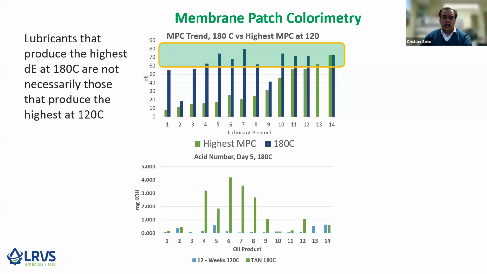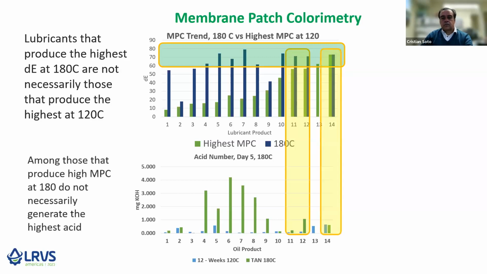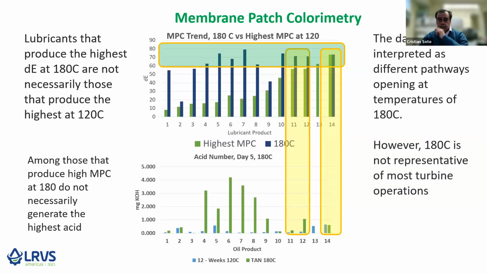If we compare this to acid number, once again, we can see that those lubricants that are reaching sometimes very high MPCs are not necessarily getting significantly acidified. This indicates that some of the components being made that are contributing to MPC are not always necessarily acidic in nature.